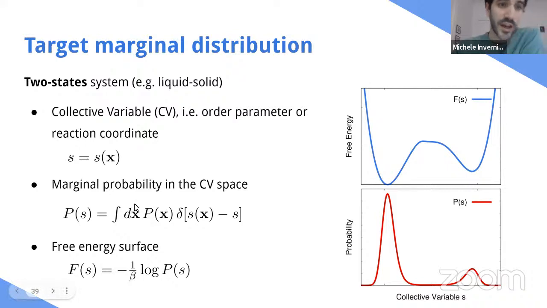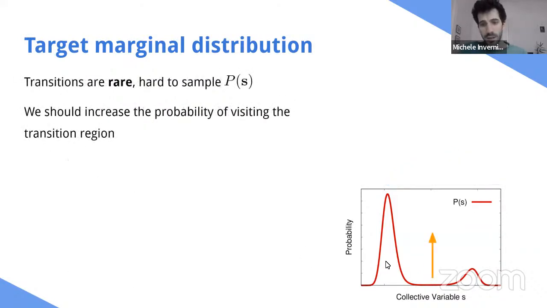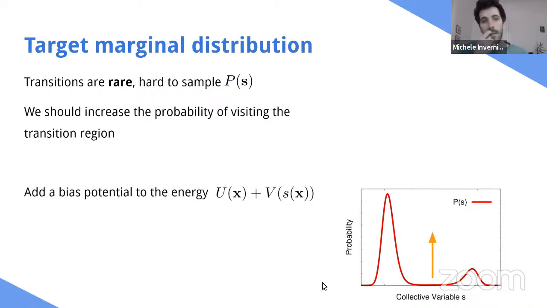You can use it to define the marginal probability or the free energy surface in this way. So here we have a two-state system, for instance, liquid and solid again, and these are the probabilities. What you want is to be able to freely go from one state to the other and to avoid the rare event in your simulation. So you have to increase the probability of seeing the transition state.